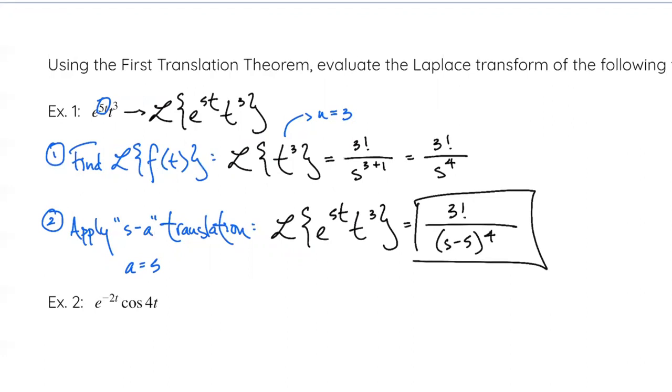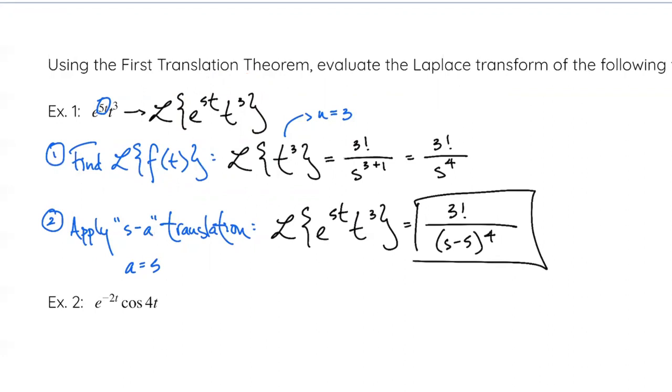And if you look at this table, you'll notice that we do not have something that looks like e to the at times t cubed until we go all the way down to line number 23.